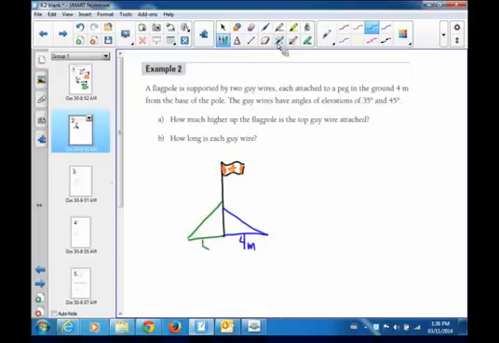Now I'm drawing a picture right here. Right? Two triangles. I guess they're both right triangles, so I'll put this in here, this in here. Now we'll talk about this a little bit.